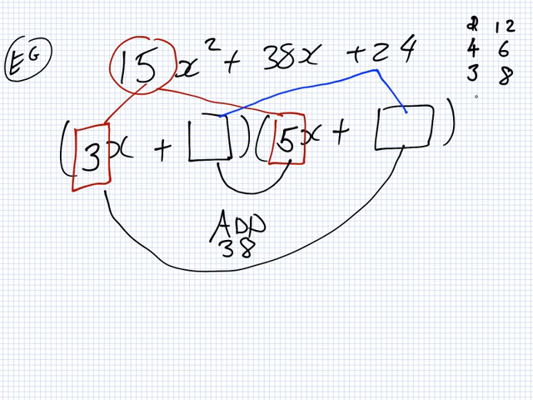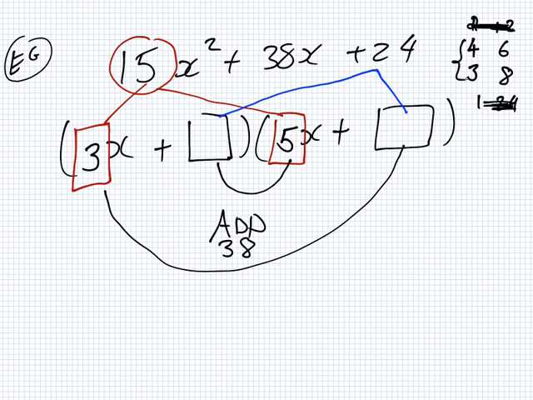So something like, let's say, 1 and 24. I know that's definitely wrong, because if I put a 24 here, or if I put a 24 here, way too big. It's kind of the same with 12, because if I put a 12 here, it's too big, and if I put a 12 here, it's too big. So we know straight away, no good.